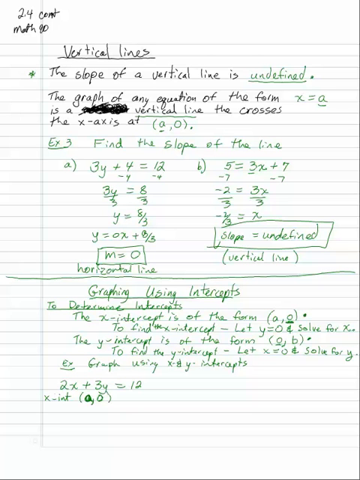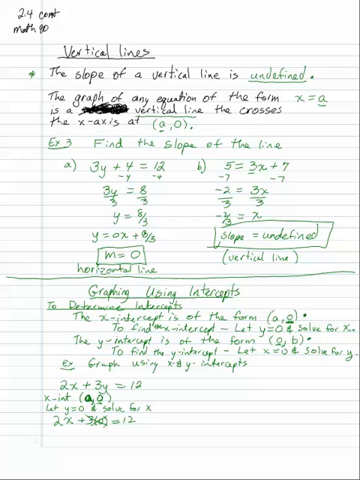So I'm going to plug in 0 for y and solve for x. So let's see. We're going to plug in 0 for y, which 3 times 0 is 0. 2x plus 0 is just 2x, so basically that goes away.